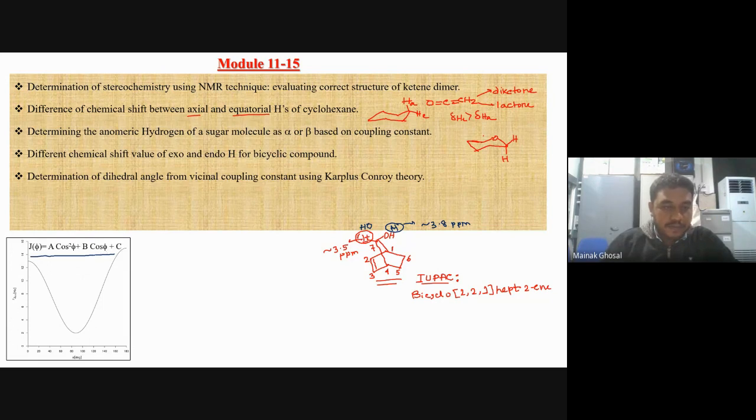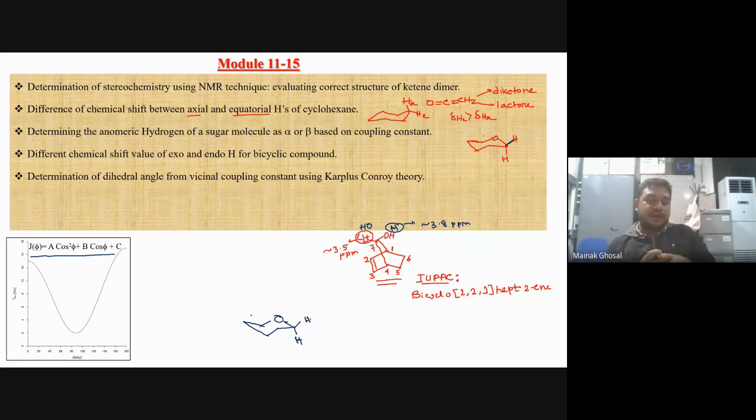Okay, so these follow this rule. Here the dihedral angle will differ for alpha or beta anomeric carbon.